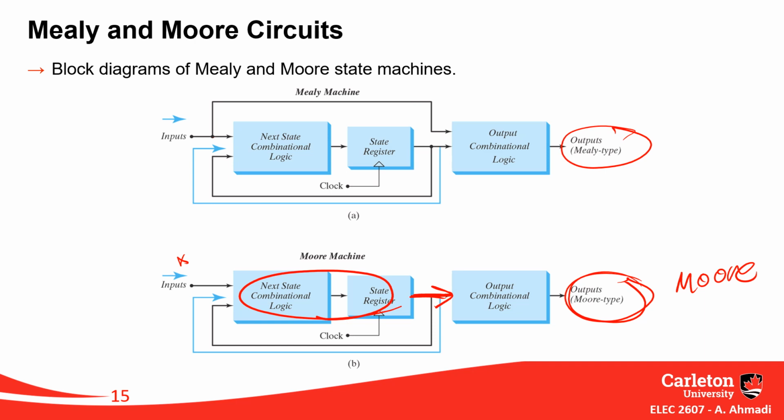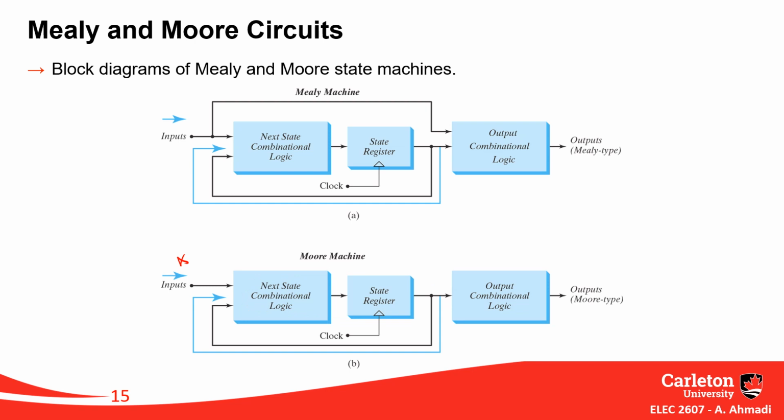Why is this important? Why do we even care about having a Mealy or Moore machine? The reason goes back to the concept of synchronization again. Look at these two scenarios I have here. Let's say you have a clock, and this clock keeps track of a change of everything in your circuit. You know, disciplines every signal change in your circuit. But you have an input which comes from another source.